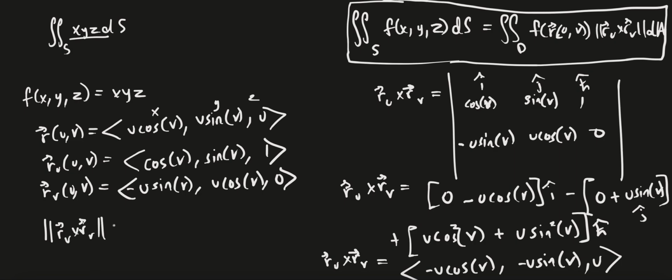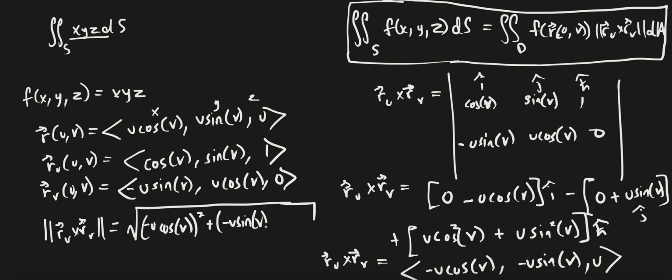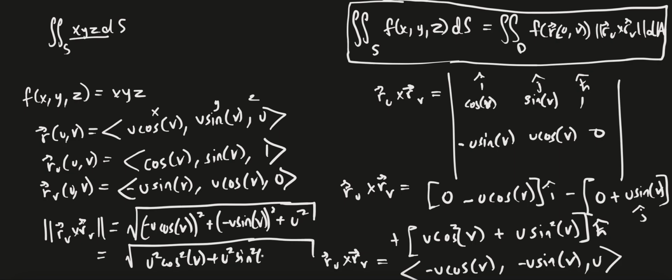Square root of negative u cosine v squared plus negative u sine v squared plus u squared. So that's going to be u squared cosine squared v, u squared sine squared v, u squared.